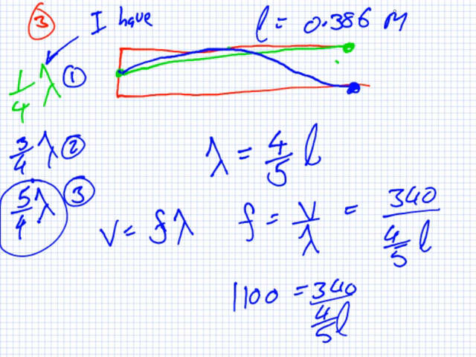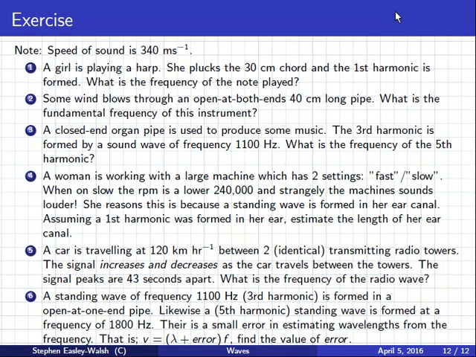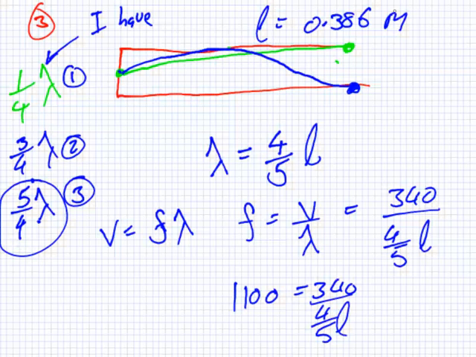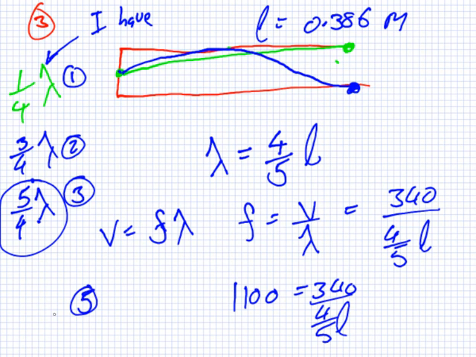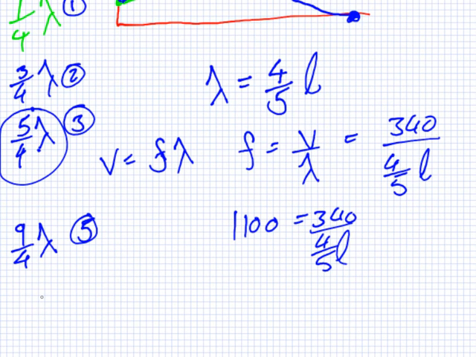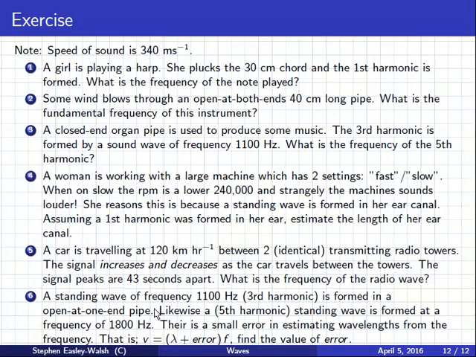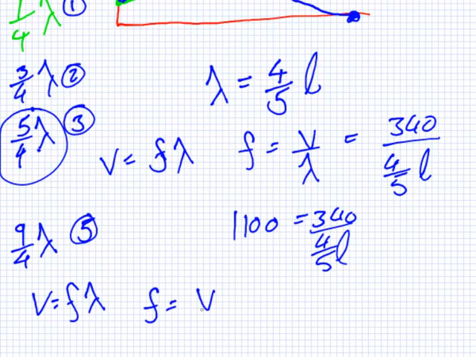And I would like the fifth harmonic. So how much of a wave would you have in the fifth one? Let me see, 1, 3, 5, 7, 9. You would have 9/4 of a wave in the fifth one. So V equals F lambda again. What do I want? I want the F, is it? Yeah. So F equals V over lambda. The V is 340.